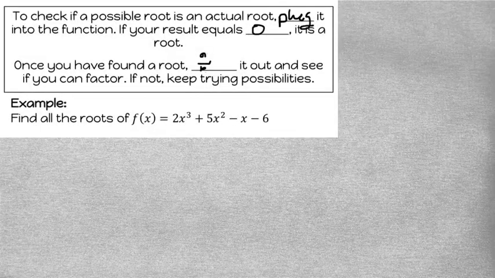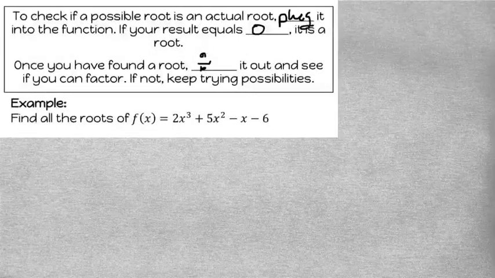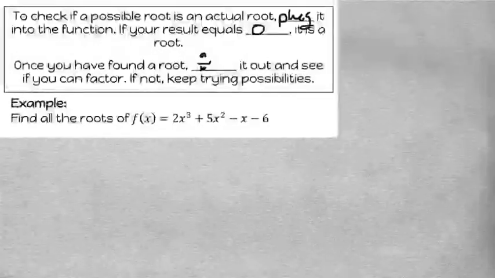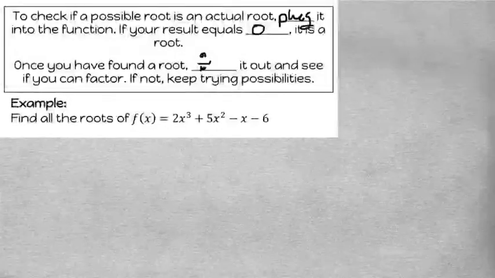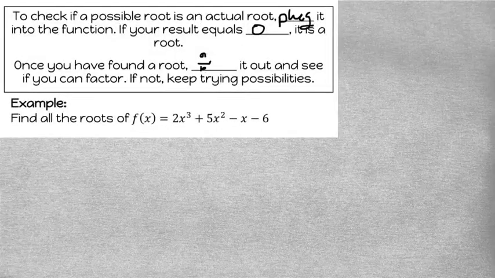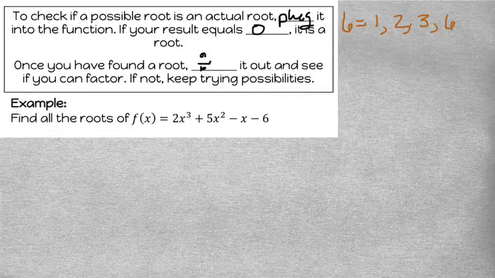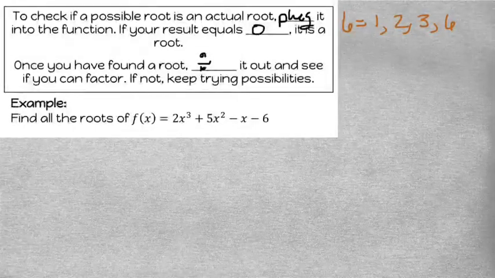So today, all we're doing on this example is I want you to set it up and find all your possible roots. And so we're going to do this where y'all are going to pause and find different pieces. So let's go ahead, and I want you to find all the factors of the constant first. So you should have come up with a list of 1, 2, 3, 6.